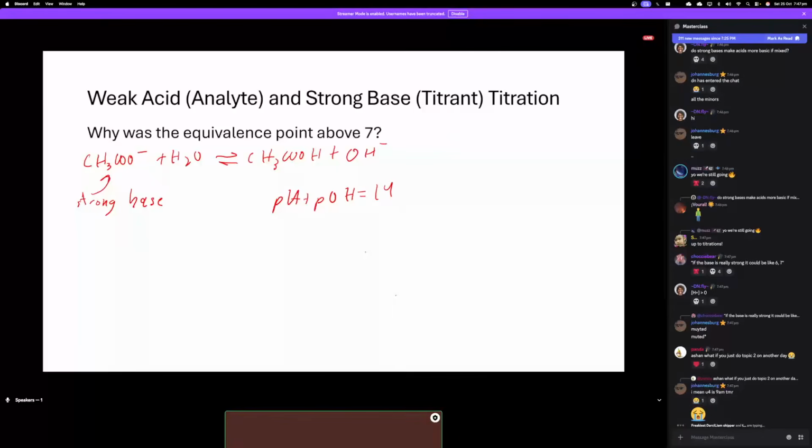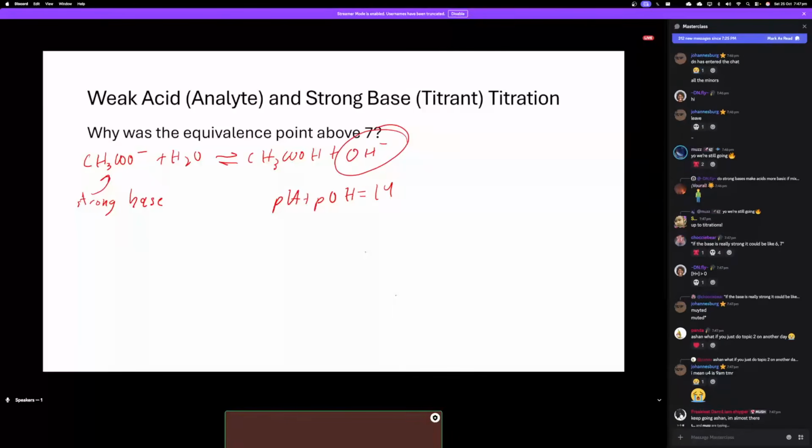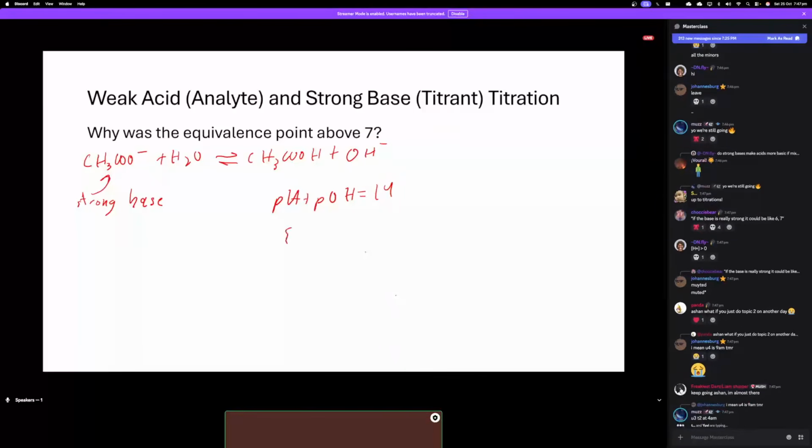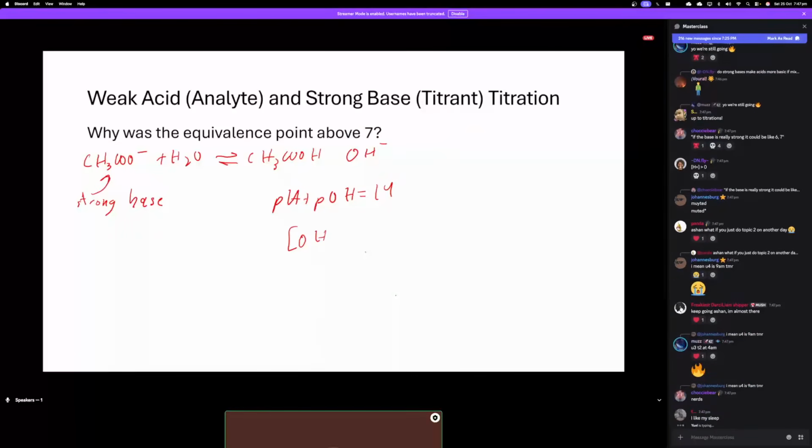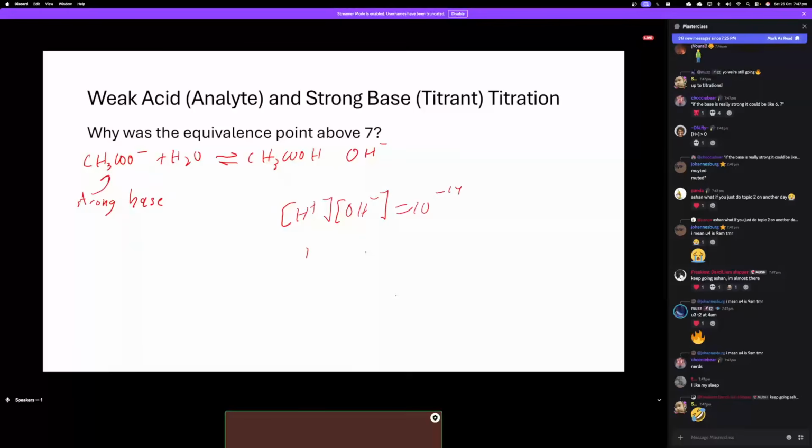If the concentration of OH minus, no, sorry. I want to go back to what I had earlier. That's my bad. H plus times OH minus equals 10 to the negative 14. If the concentration of OH minus increases, then the concentration of H plus will decrease.